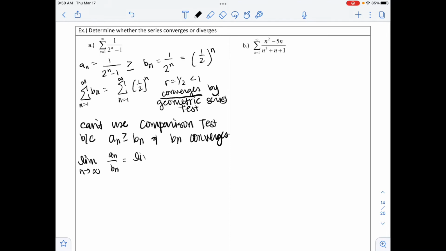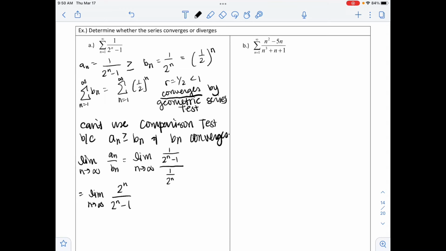And so we have the limit as n approaches infinity of a sub n, which is 1 over 2 to the nth minus 1, all over b sub n, which is 1 over 2 to the nth. And from here I can rewrite this, multiply by the reciprocal of the denominator. And so I have the limit as n approaches infinity of 2 to the nth over 2 to the nth minus 1.